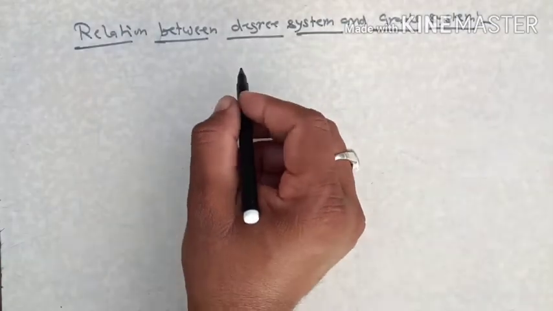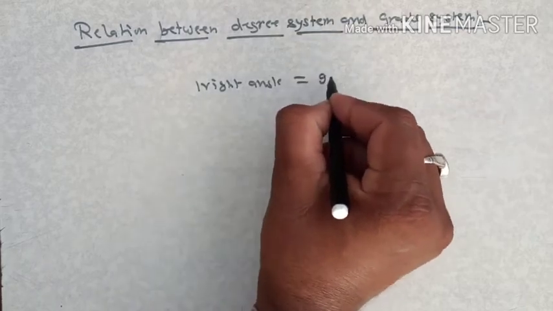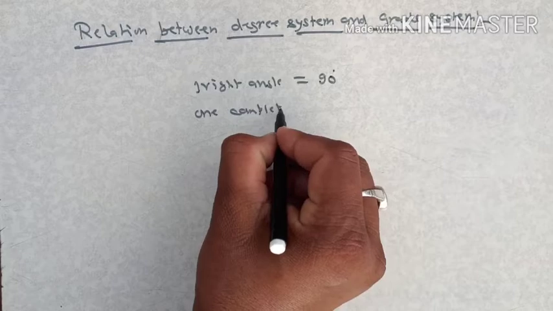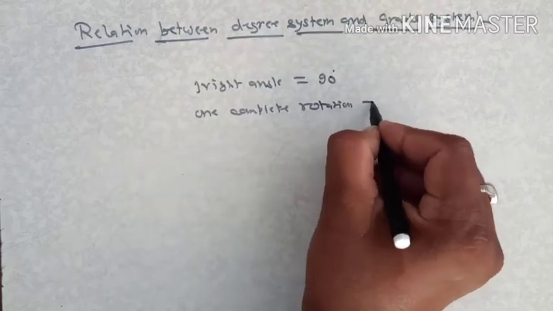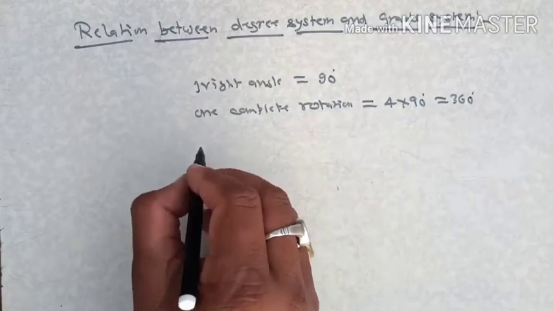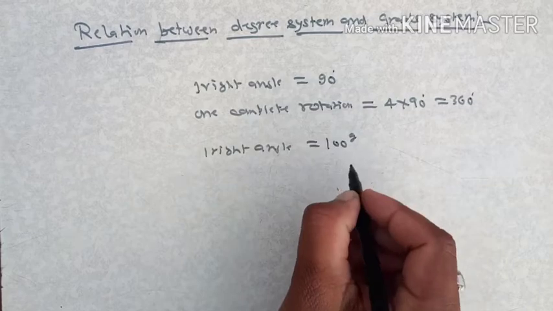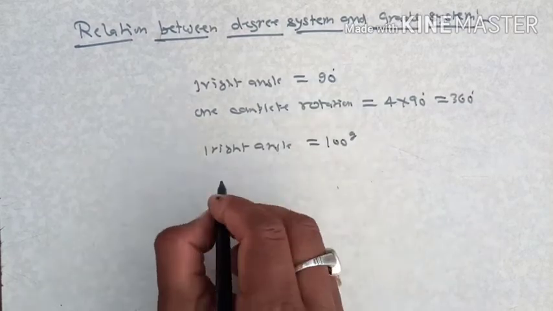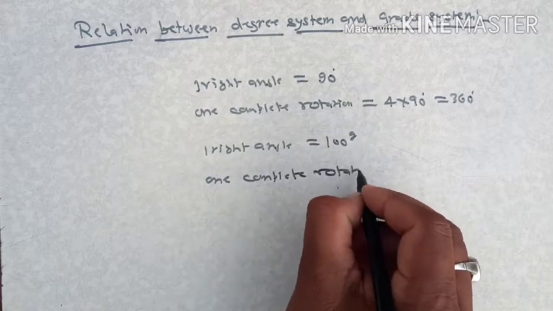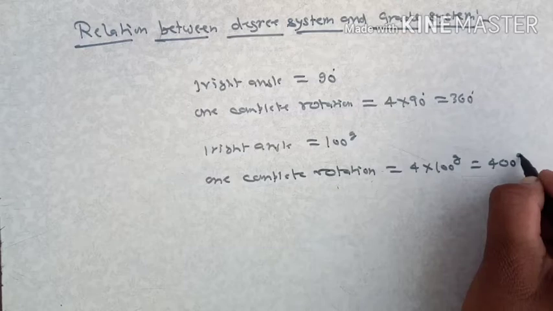Relation between degree system and grade system. So one right angle is equal to 90 degree. In one complete rotation, it is 4 into 90 degree, equal to 360 degree. One right angle is equal to 100 grade in grade system. So one complete rotation equals 4 into 100 grade, which is 400 grade.